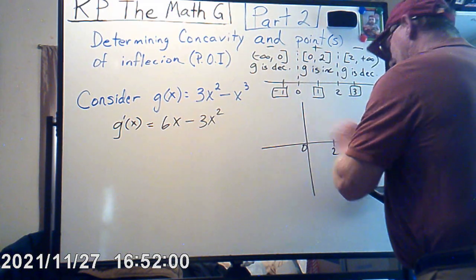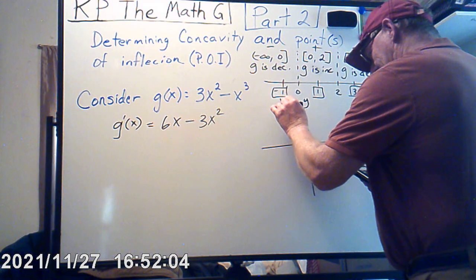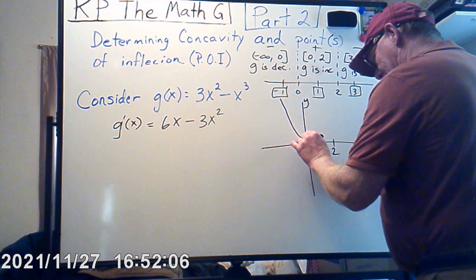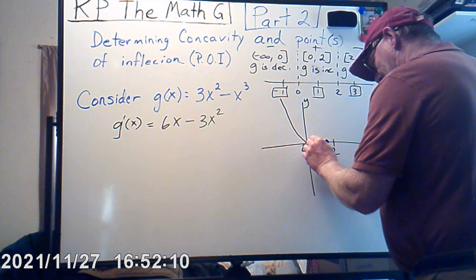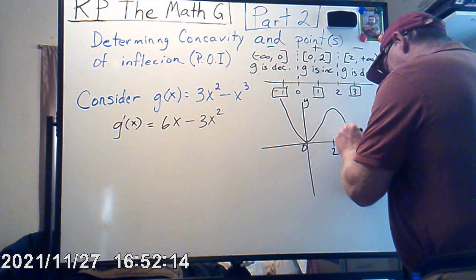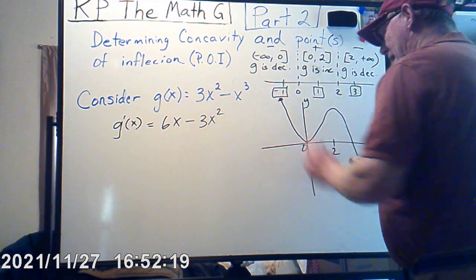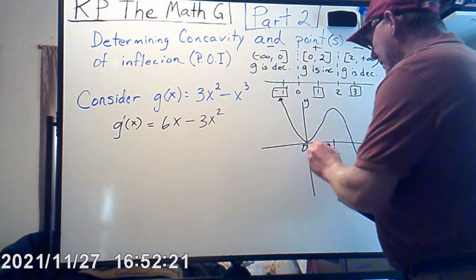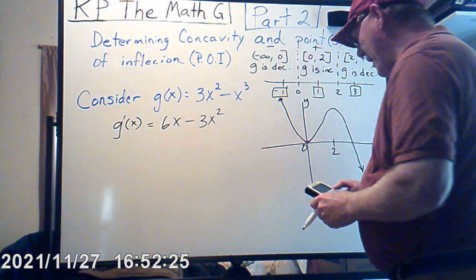Here's X, here's Y. It's coming down, decreasing, and then it's going to come up a little ways, and then from there it's going to just drop down like that. That's the idea of this.